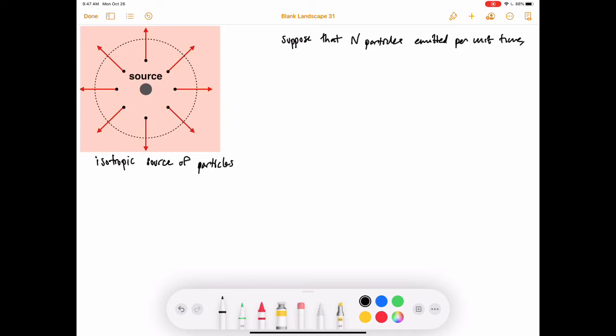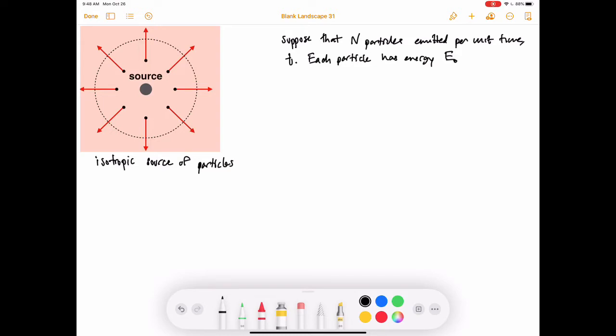So let's call that time t. And let's also suppose that each particle has a certain energy, and we'll call that energy E naught. Okay? So we have n particles being emitted every time t, and each particle has energy E naught.